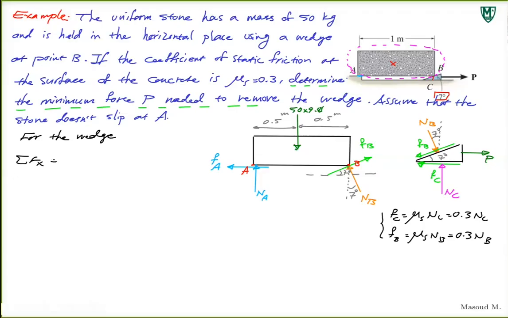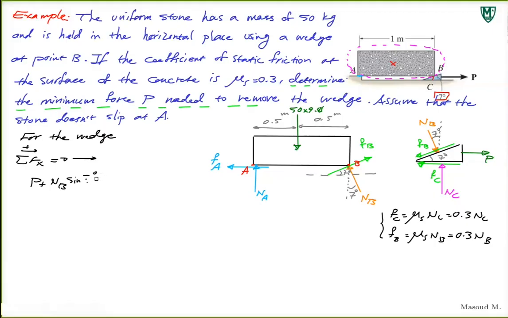Summation of forces in X direction is equal to 0. Let's take this positive. So that will be P minus NB sine 7 degrees, no, I missed.